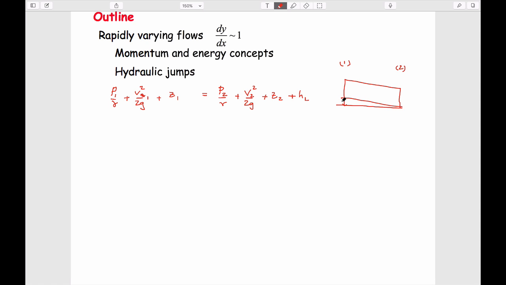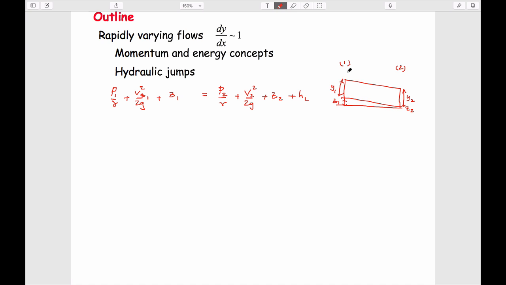And so this would be our z1, and this would be our z2, which in this case would be 0 if we chose it. This would be our depth of flow, which we'll call y1. And this will be our depth of flow, y2.